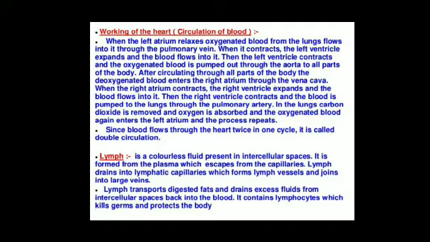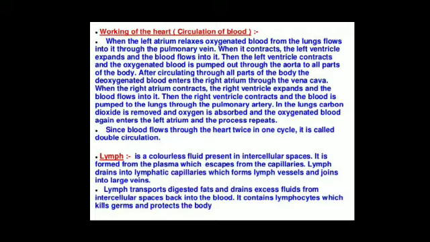As you all know, the upper chambers of the human heart are known as atrium, and the lower chambers of the human heart are known as ventricle. So there are four chambers in the human heart which are divided by a separating wall, which is known as septum.